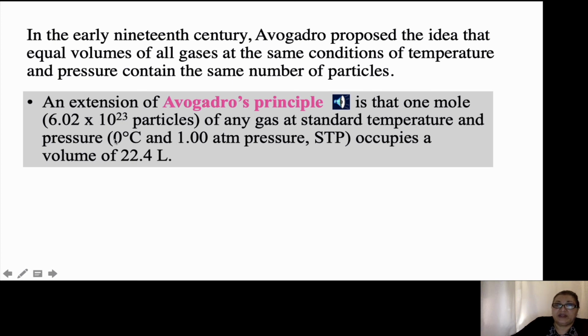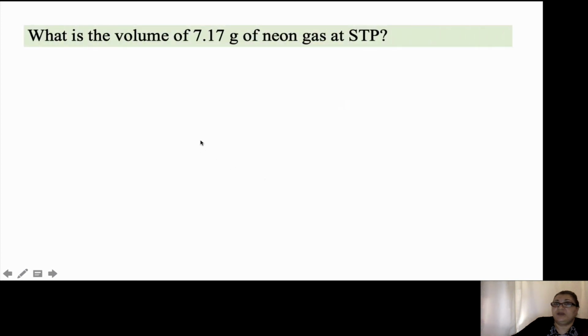But at the same conditions of temperature and pressure, it also occupies the same volume, which is 22.4 liters, which is very helpful when we're solving a problem.